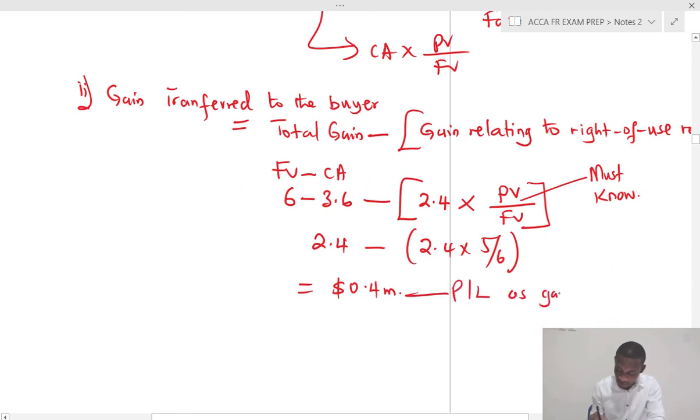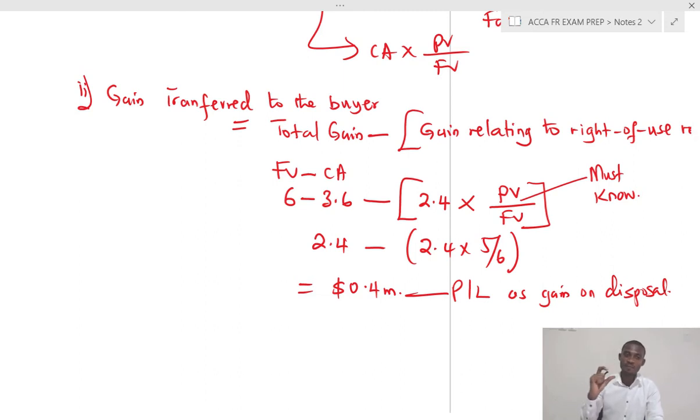Very important. Now, having learned how to account for the sale and leaseback at the initial measurement, which is the date of the transaction, let's see how we account for the transaction subsequently, which is at the year end.